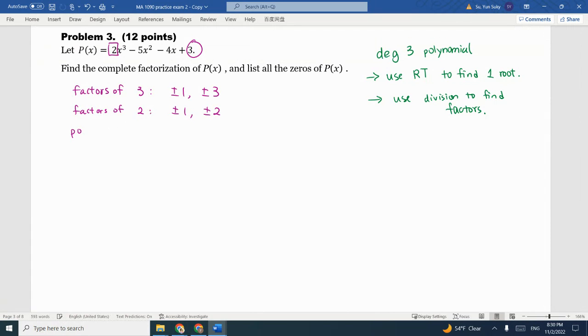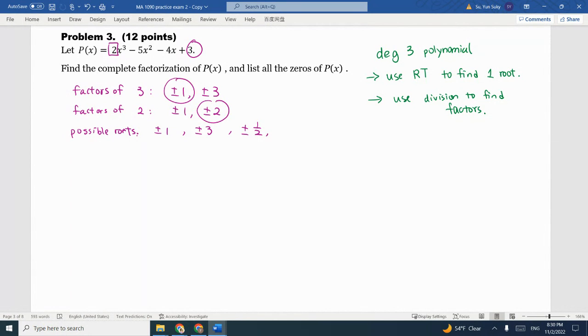Then according to the rational roots theorem, the possible roots are these numbers divided by these numbers. So plus or minus 1 over plus or minus 1 is plus or minus 1. Plus or minus 3 over plus or minus 1 is plus or minus 3. Plus or minus 1 over plus or minus 2 is plus or minus 1/2.